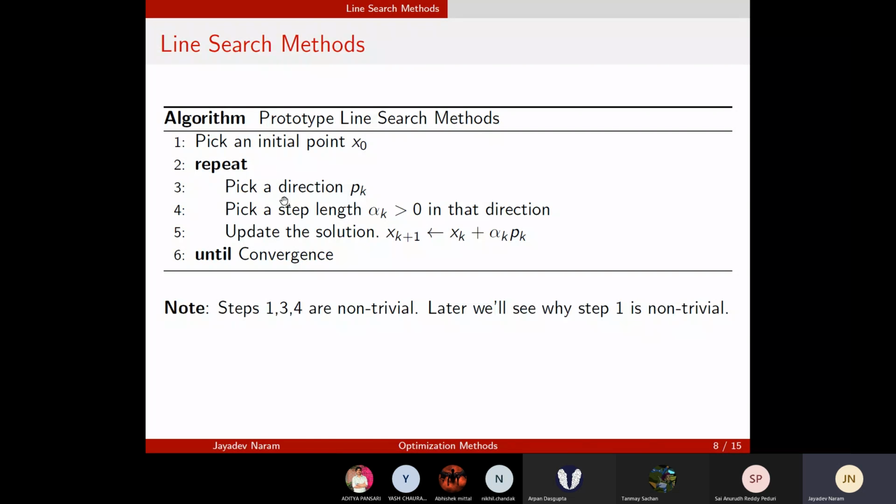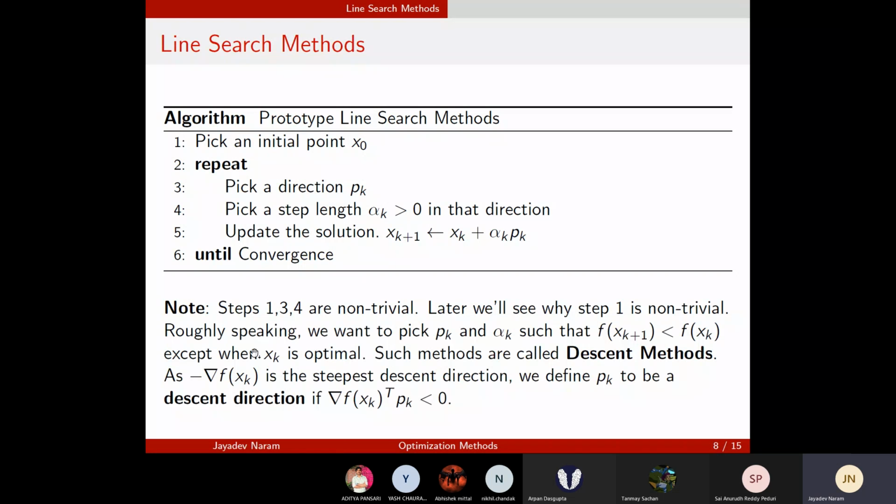Here, steps 1, 3, and 4 are non-trivial. These two steps are definitely non-trivial, but one should know that even the first step, picking a point, is non-trivial, and we'll see why later.